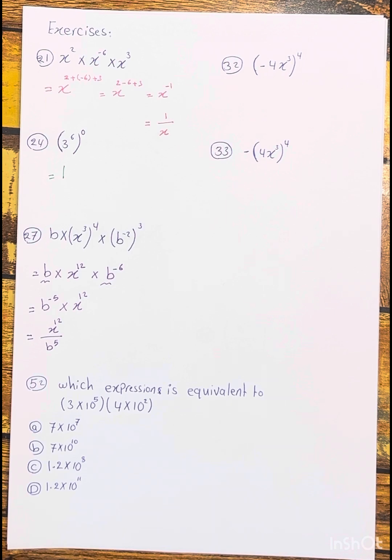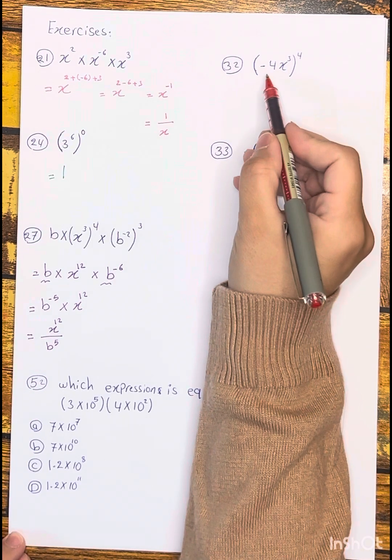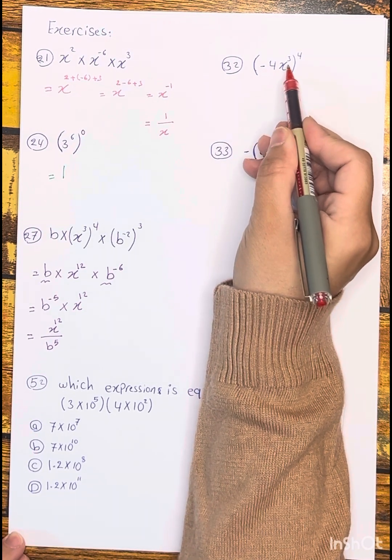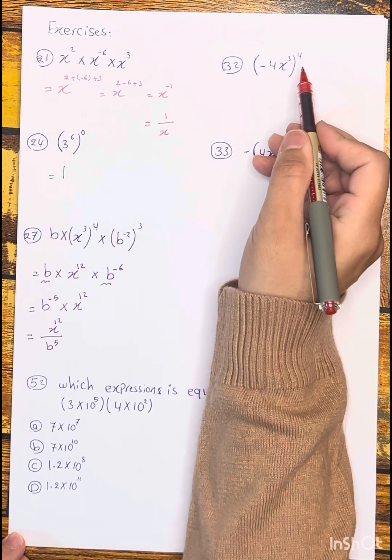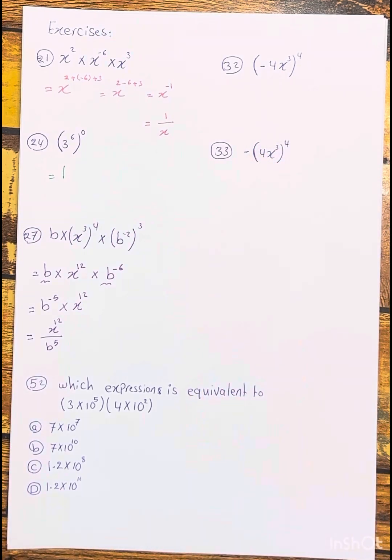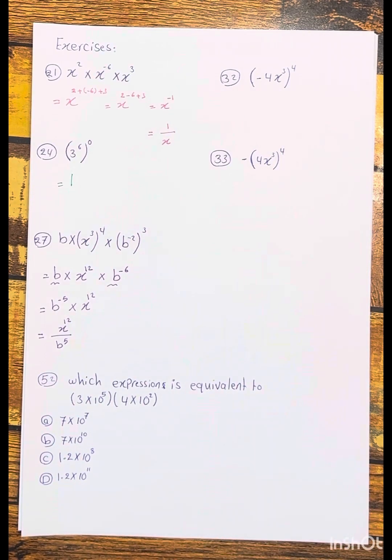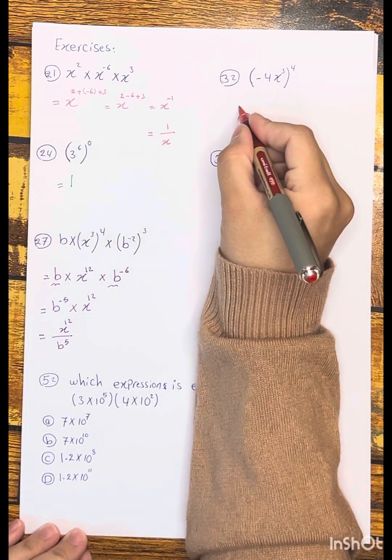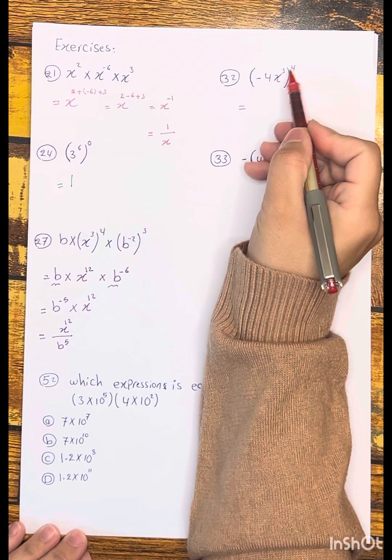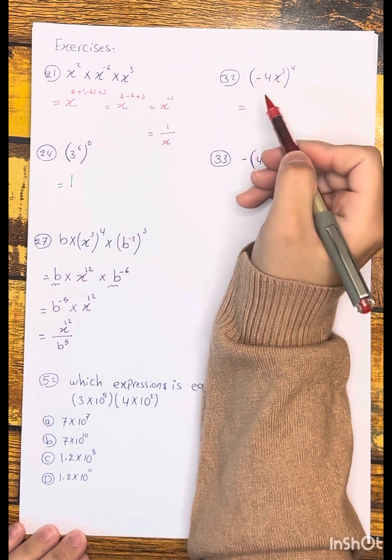Question 32. Negative 4 x power of 3 raised to the power of 4. This power is for negative 2, okay? So I will write equal sign. Because it's uneven, so this negative will cancel.